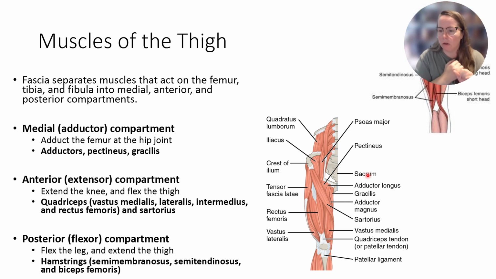Okay, so these are your adductor longus, brevis, magnus, your pectineus, your gracilis muscles. These are your groin muscles, if that helps you kind of remember where they are. And speaking of groin muscles, groin injuries are very common athletic injuries. I pulled my groin. That is typically what's been damaged is the adductor longus, though the pectineus is also a common one as well.